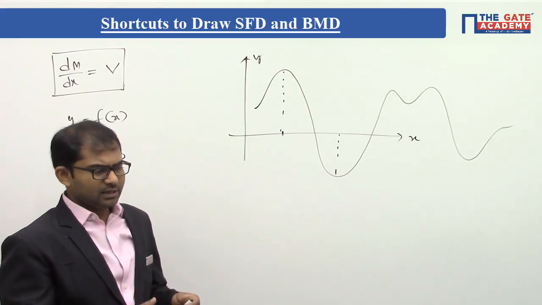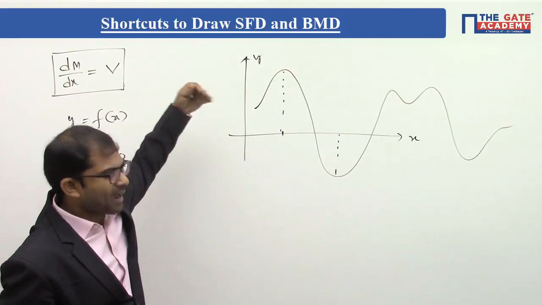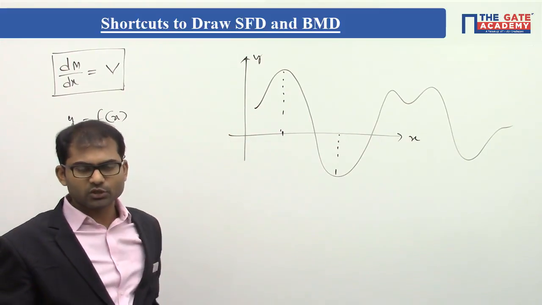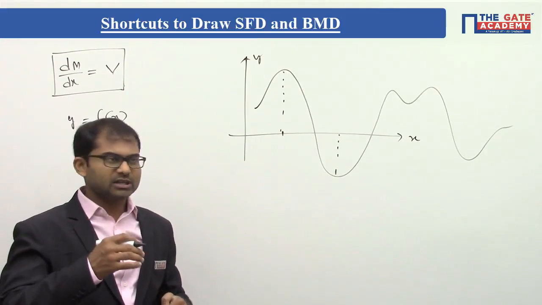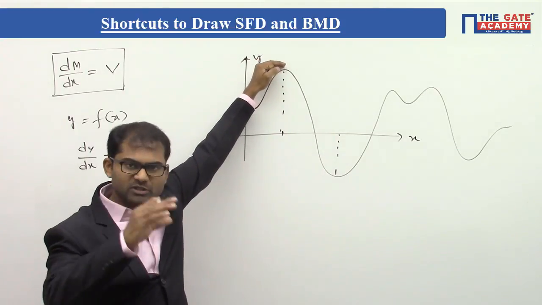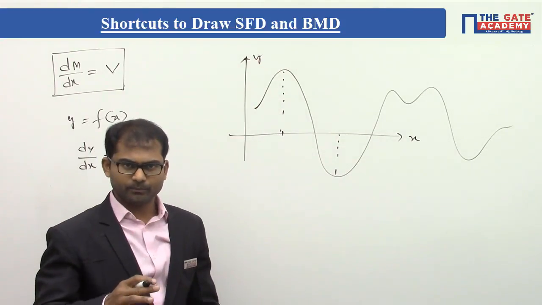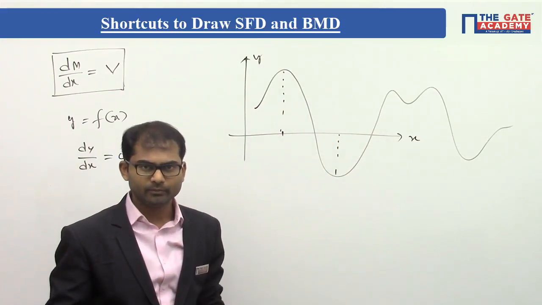Understand? And a corollary statement: wherever the function is maximum, its slope should become 0, but that doesn't mean that wherever slope is 0, it should be maximum only. Because it can be maximum, it can be minimum, it can be global maximum, global minimum, anything.